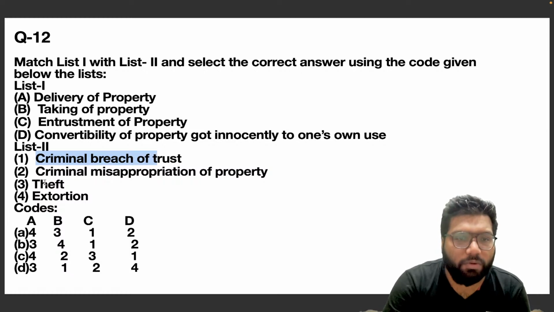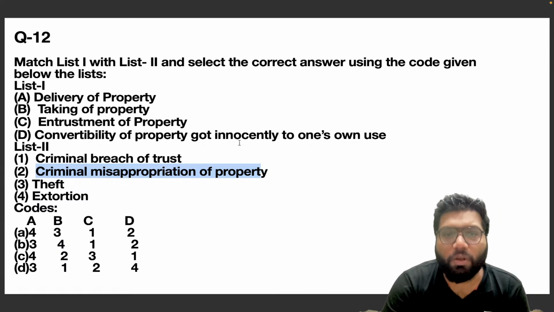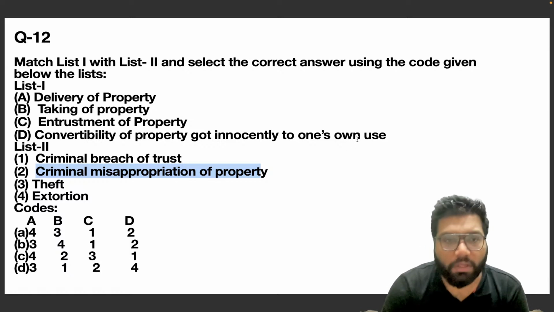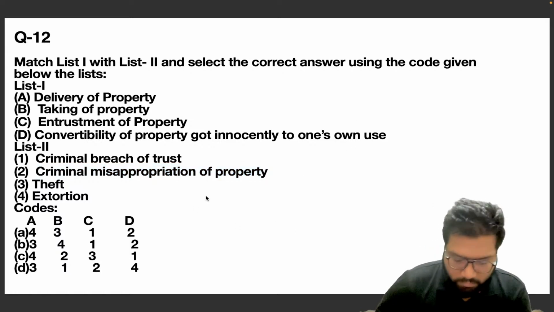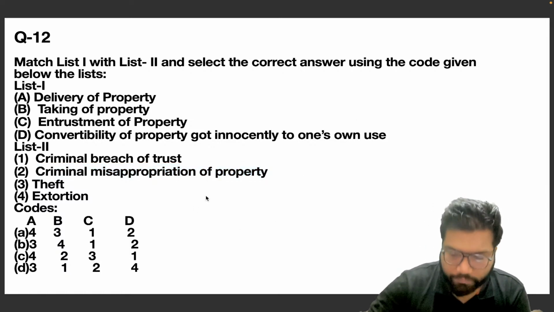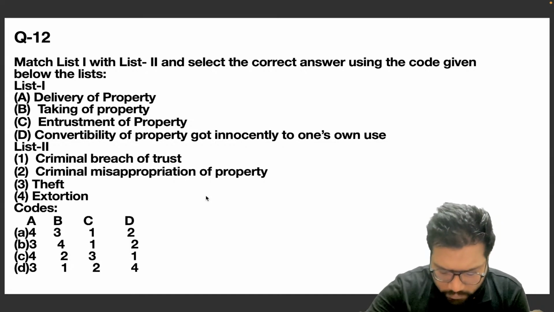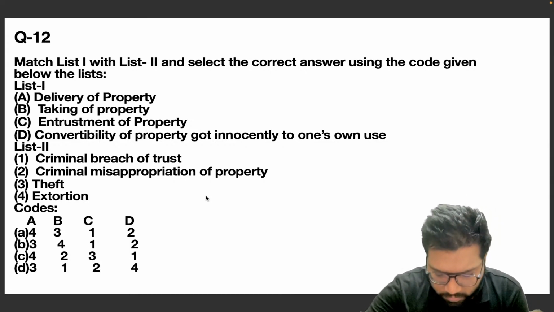And when it comes to criminal misappropriation of property, it is conversion of property got innocently to one's own use. Okay. Next one. It's okay, Millie, you don't need to be sorry.